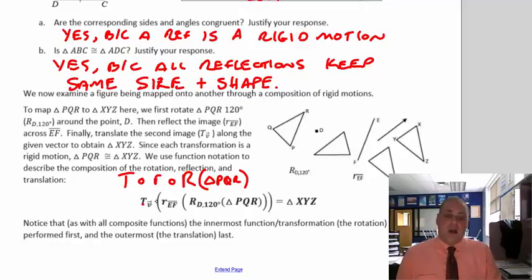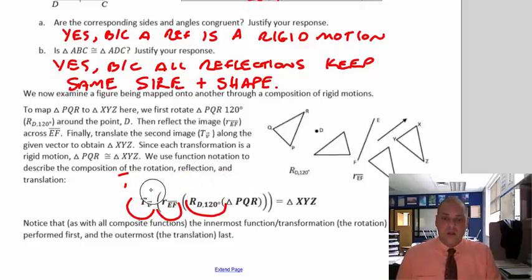So we say T of R, and we write it that way. But again, it's backwards. So the first thing done was the rotation, then the reflection, then the translation. All right, so where did we start? I'm going to highlight it. We're going to color them in, okay?